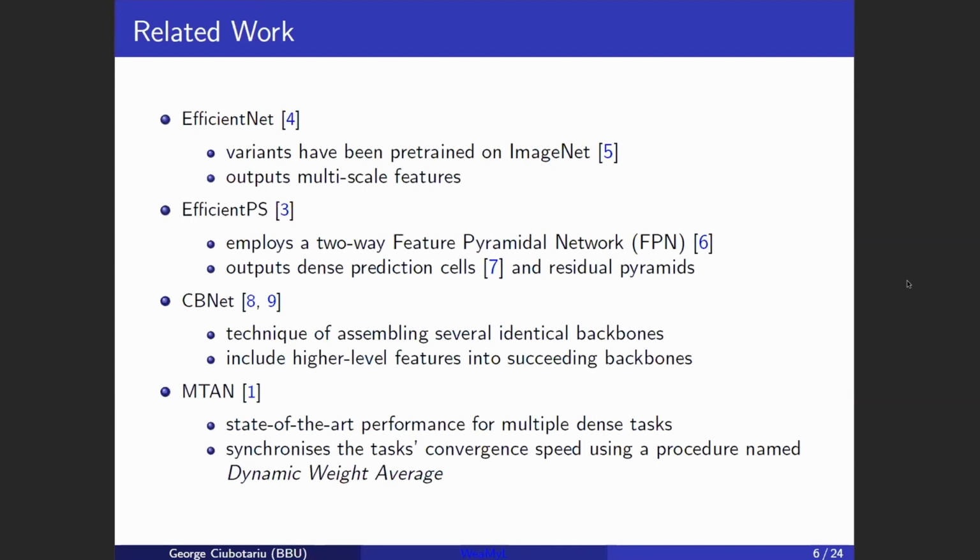And another important thing is the multitask attention network, which is the current state of the art in multitask performance, and we are going to compare our results with it. And an important thing to keep in mind is the dynamic weight average procedure that is used by us and introduced by them, so that the convergence speeds of the tasks are about the same.